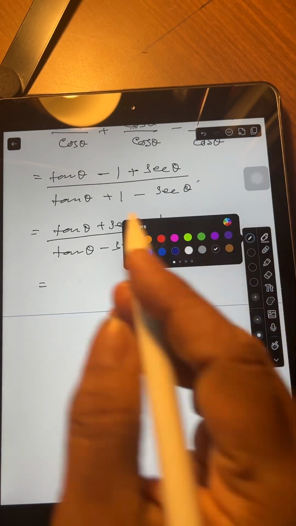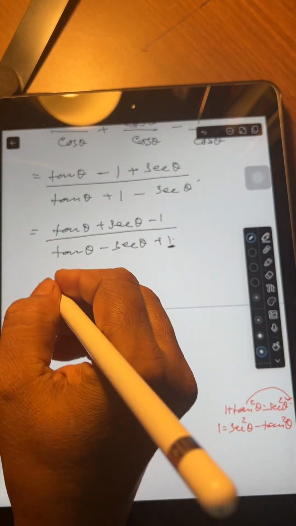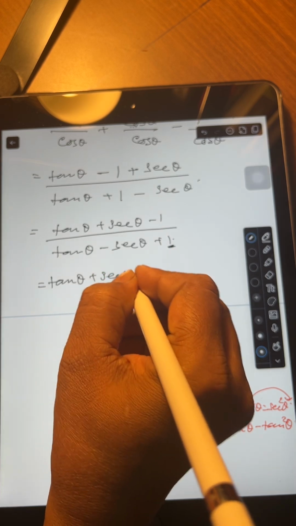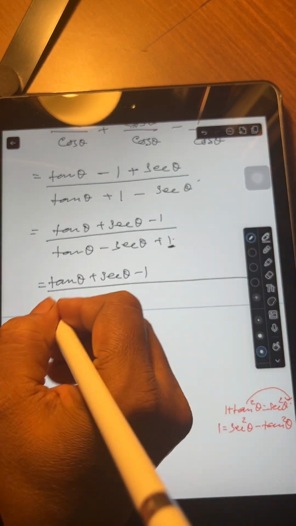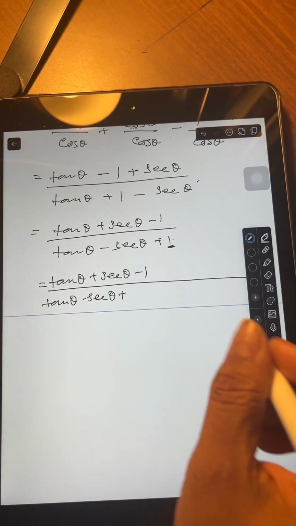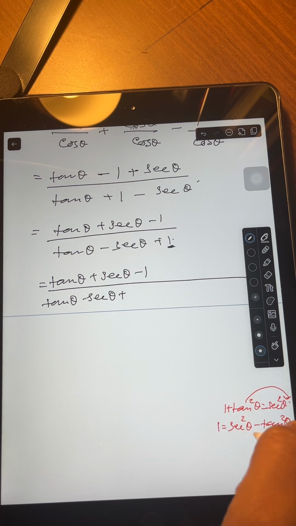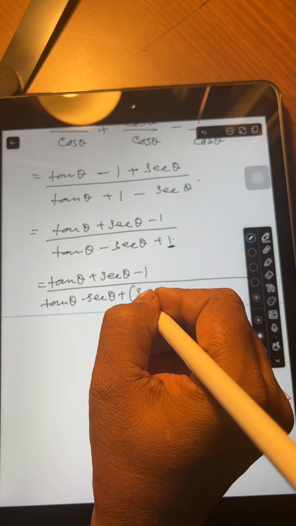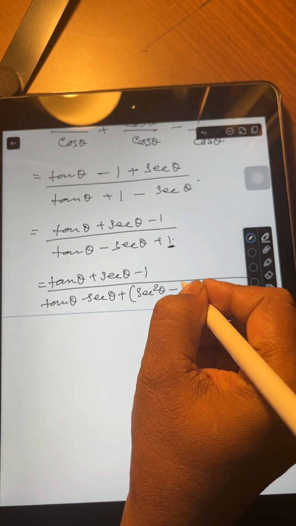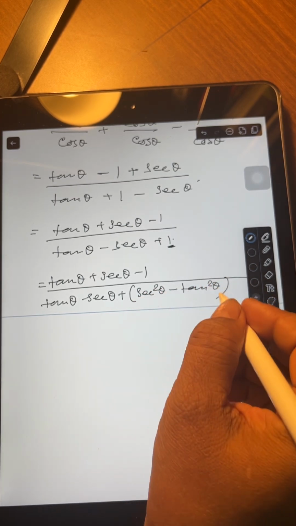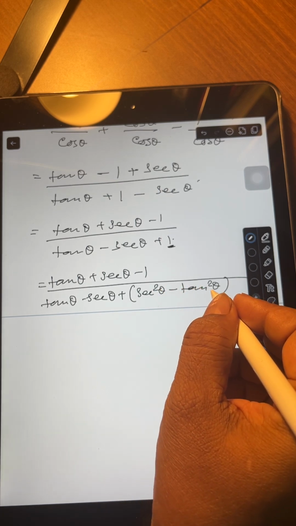Okay, now we'll just put the numerator as it is, by tan theta minus secant theta plus, what is 1? Secant square theta minus tan square theta. So I'll write secant square theta minus tan square theta. Okay, now in what form is this? It is in a square minus b square form.